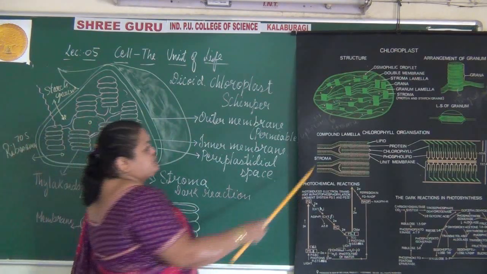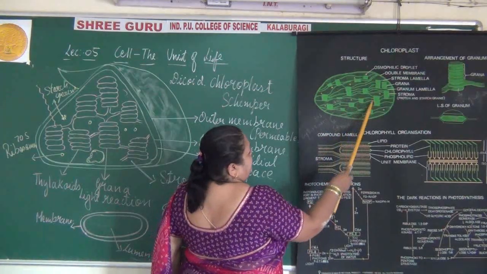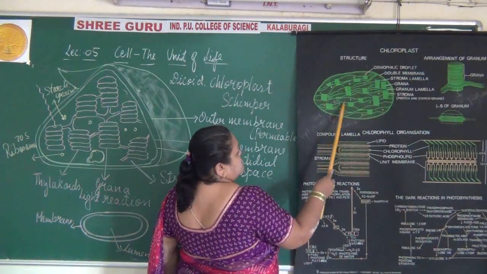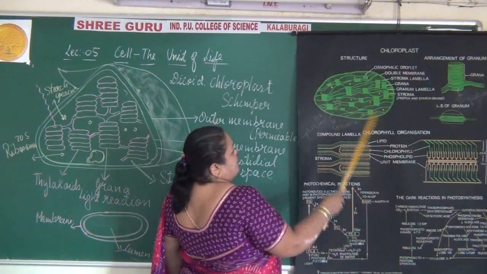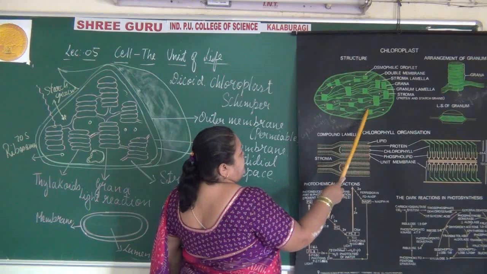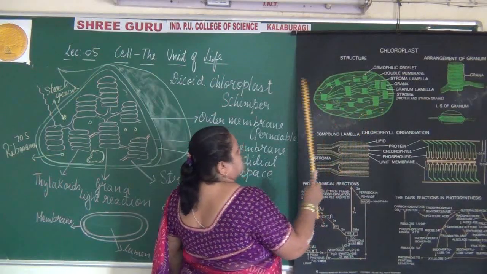So the stroma, the fluid material, has the osmophilic droplets, starch grains and the 70S ribosomes.